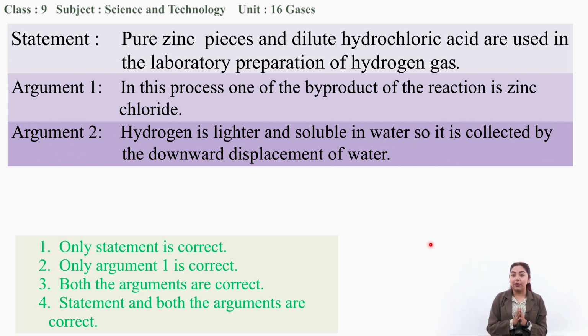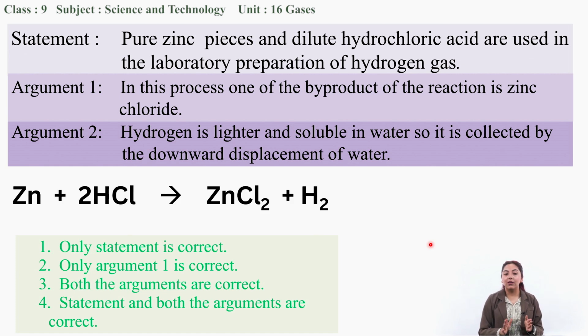Now let us check if argument 1 is correct or not. In this process, one of the byproducts of the reaction is zinc chloride. Now this was the reaction that we used to prepare the hydrogen gas in the lab. So here you can see that hydrogen gas is produced when zinc reacts with hydrochloric acid, and the byproduct is zinc chloride. So argument 1 is correct.